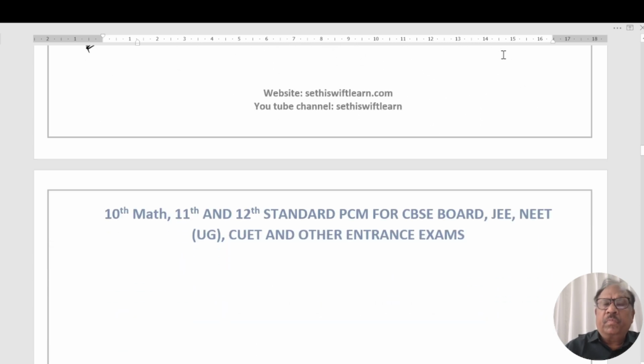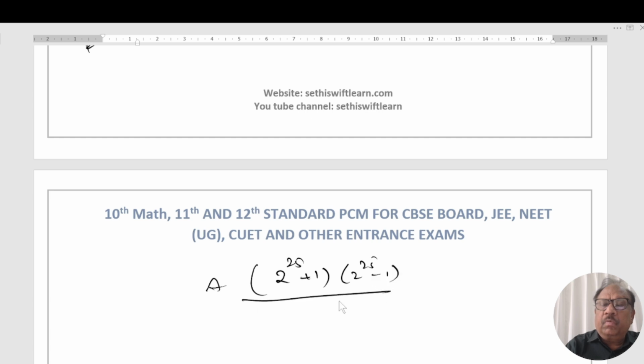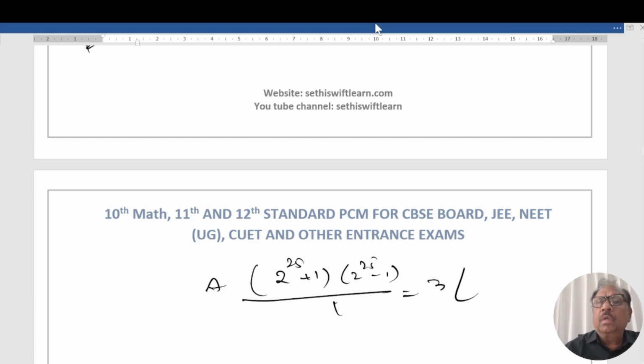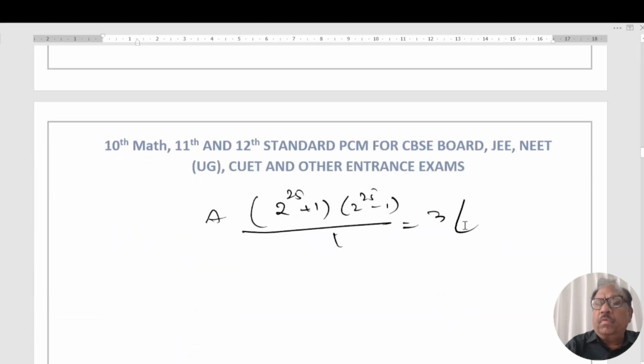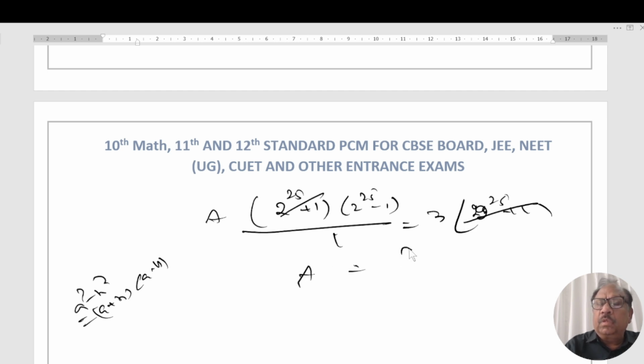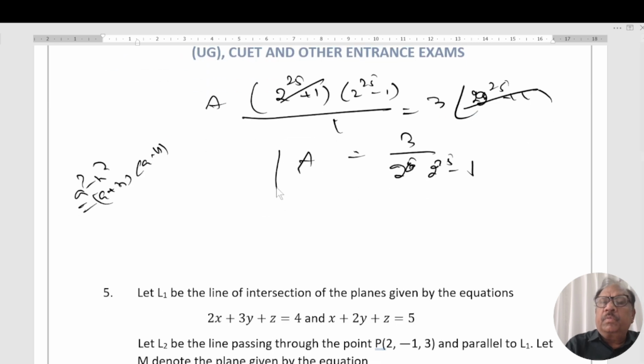Further, a (2 to the power 25 plus 1)(2 to the power 25 minus 1) upon 1 equal to 3 times (2 to the power 25 plus 1), because a squared minus b squared equals (a plus b)(a minus b). We broke it up, so this cancels out, and a comes out to be 3 upon (2 to the power 25 minus 1).